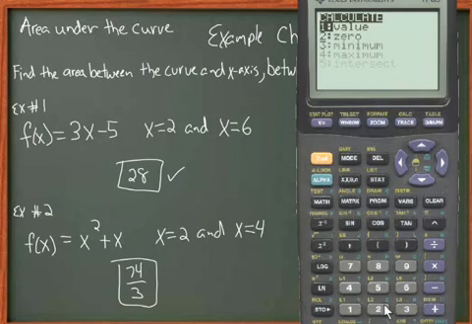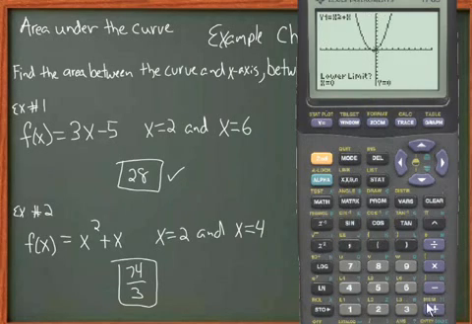Now the limits are from 2 to 4. So we enter 2, enter, and then 4, enter, and we get a decimal value. There's a little delay, but that's the value.